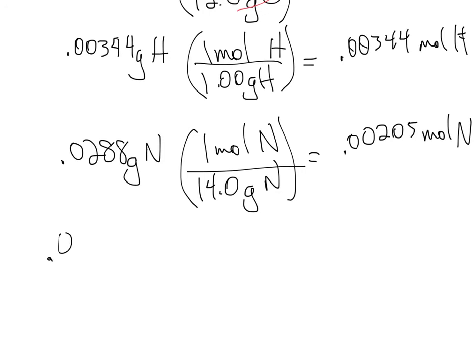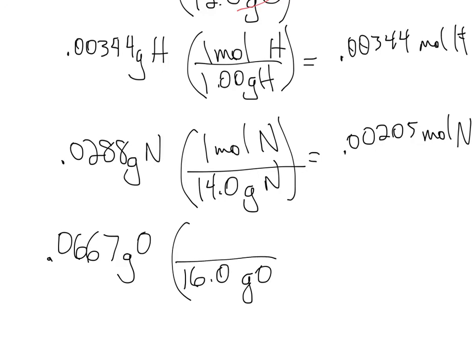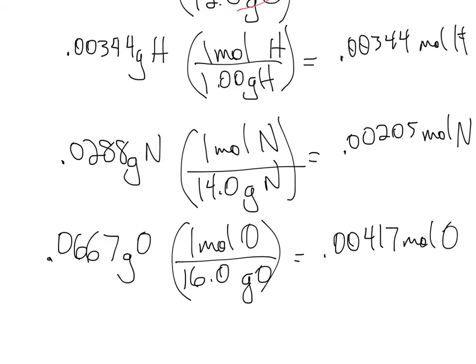I know this problem starts to get long after a while. Part of the challenge of a more difficult problem like this is really just keeping your records straight. You have to be very careful about bookkeeping. Okay, so now we've got moles of each of the 4 elements.